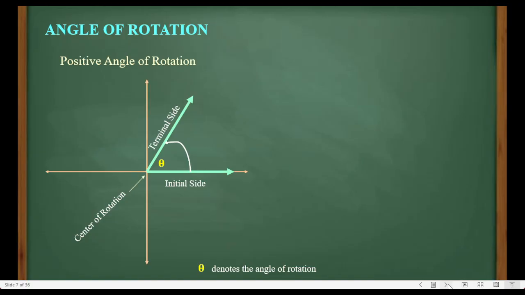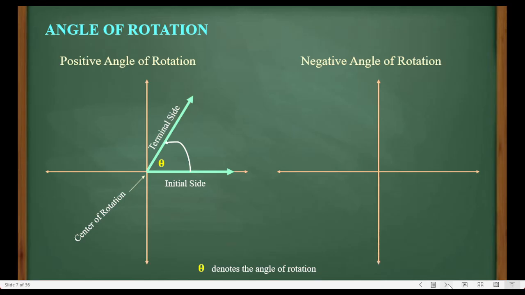Another type of angle of rotation is, of course, the negative angle of rotation. So again, we consider the Cartesian plane or the rectangular coordinate system. The x and y axis intersecting at the point of origin, which is again the center of rotation. And we're going to initially draw the first side of an angle, which is again coinciding the positive x-axis. And from that position, an angle is about to be formed or generated.